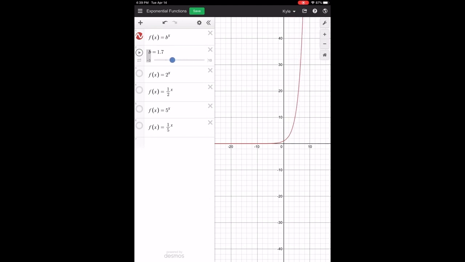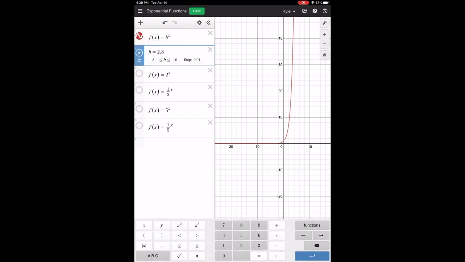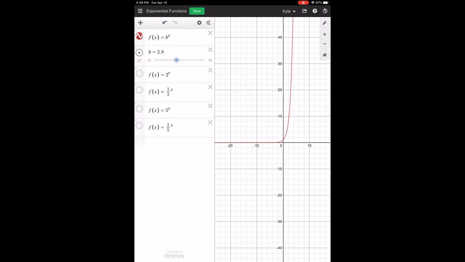I started at 1, right about here, and now right about there. I'm starting to increase the b. What happens as I increase b? Write down what you notice about the graph.